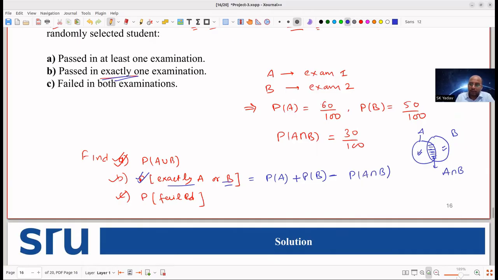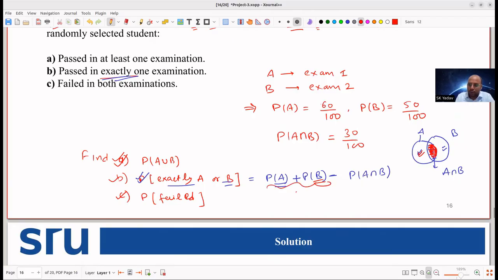Now you may think that this is the addition rule. Yes, but note here: when I'm considering probability of A, this region is coming the first time. When I'm taking probability of B, this region is coming again. So it is repeating, it appears two times while counting these two.